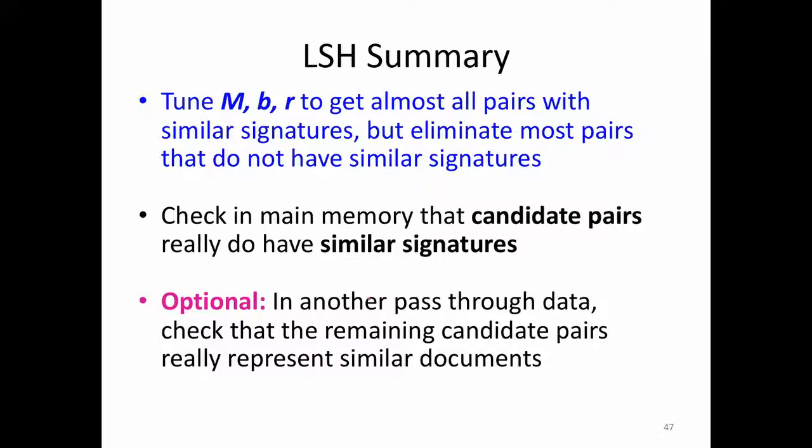This is to reduce the randomness due to the mapping function, or due to the LSH scheme, because LSH also randomly splits between bands and rows. And then you can also go through the data to find the actual similarity which we discussed.